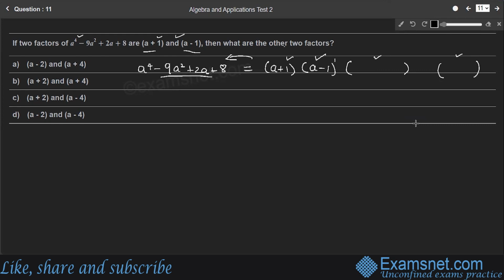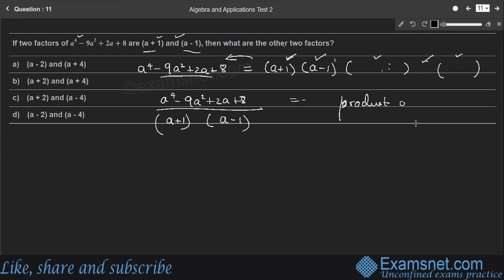Therefore, the product of the other two factors is a raised to 4 minus 9a square plus 2a plus 8 divided by the given two factors, a plus 1 into a minus 1. So this gives the product of the other two factors, right?